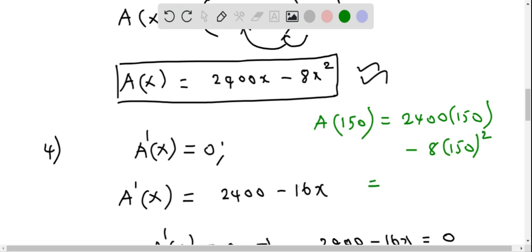When we simplify this, it will be 180,000. So this is the largest area.